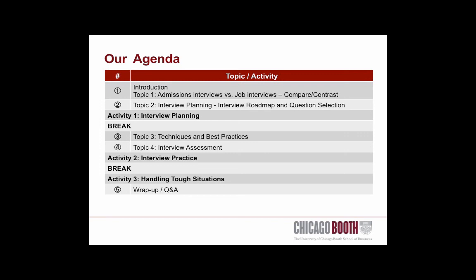The second part of our session is then taking that information and applying it, doing some small group activities, preparing, practicing, and then having some debriefs as a group so that we can get insights from one another. I think it'll be a great session, and hopefully you all will walk away ready and confident to go into the process of doing your mock interviews and ultimately conducting the actual applicant interviews.